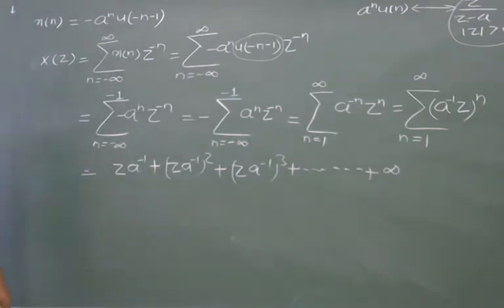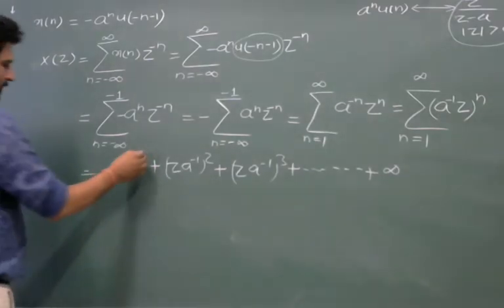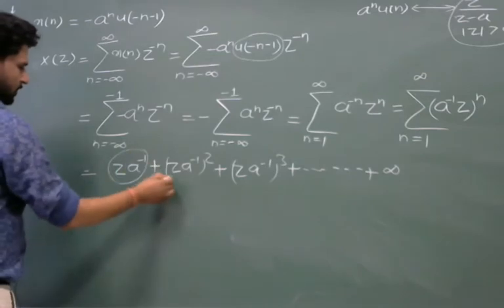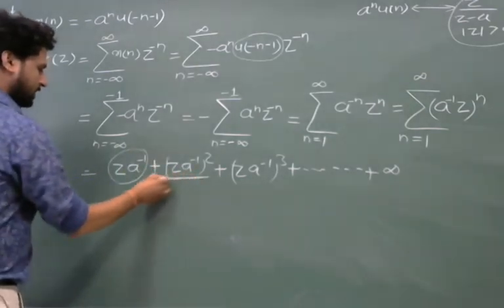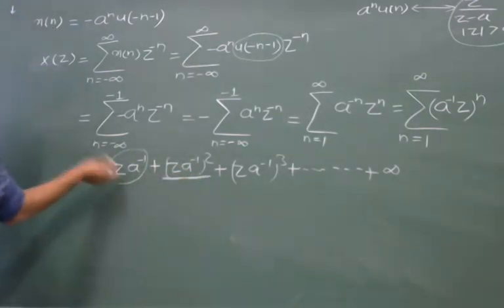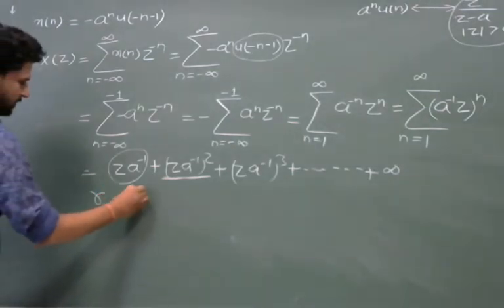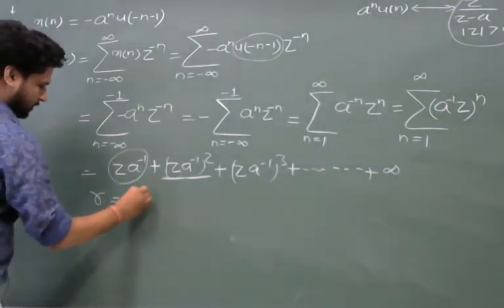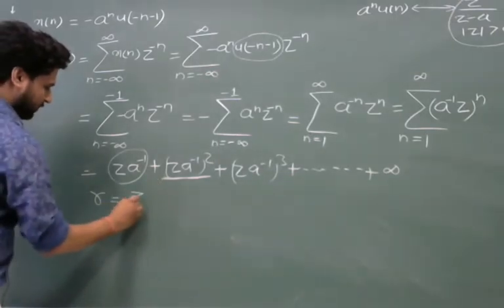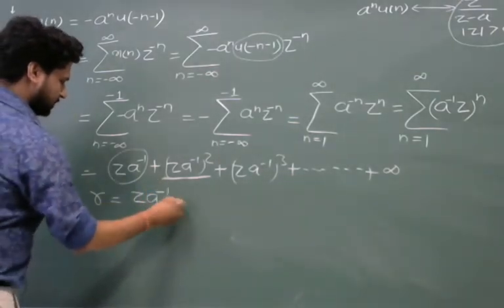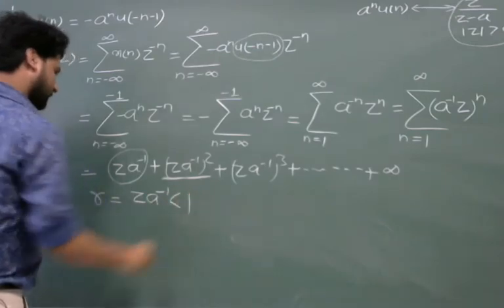We know the common ratio is this term divided by the previous term. So the common ratio R here will be equal to z into a inverse. This should be less than 1.